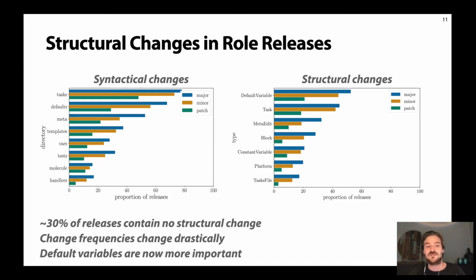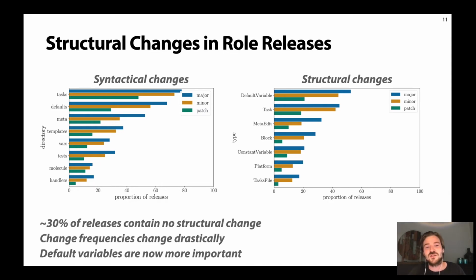So given these structural changes, we want to reevaluate whether we can find the semantics in role versioning. The main thing that we find is that 30% of role releases actually don't contain any structural change whatsoever. This means that these role releases only contain syntactical refactorings or changes to components that aren't present in the structural model, like tests, for example.